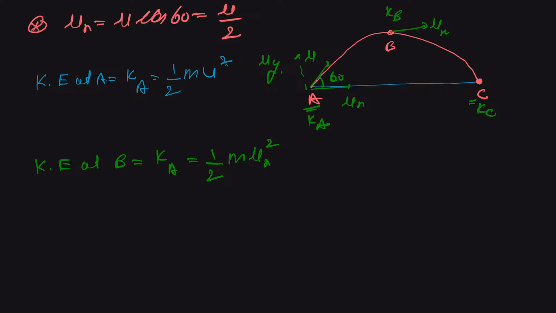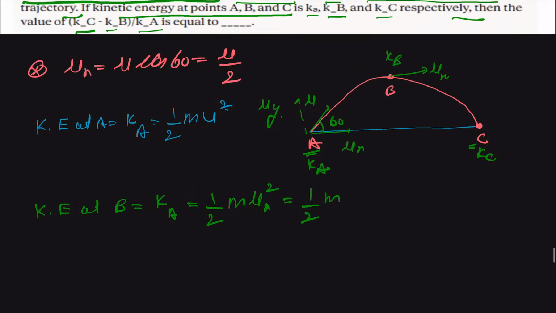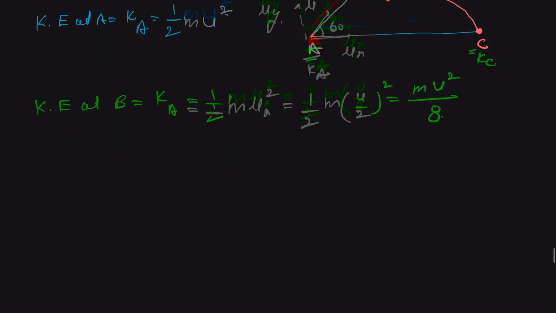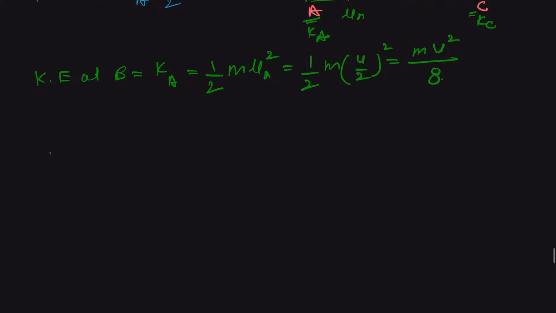Therefore we get half m, and substituting the values, half times m times (u by 2) whole square. So this comes as m u square by 8. And kinetic energy at C: the speed at C by conservation will be equal to u, only the direction will be reversed. That's the only difference.